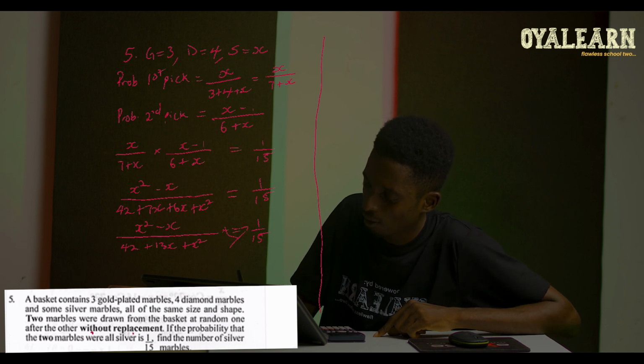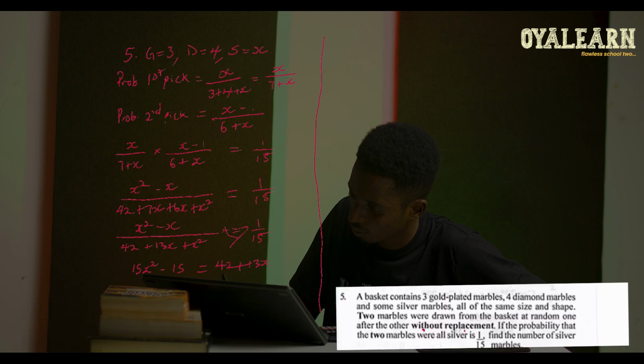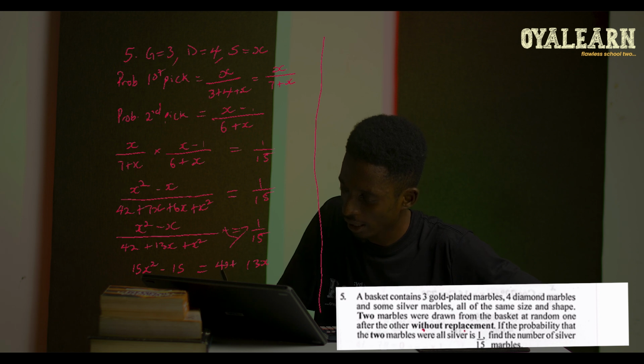So we would have 15x squared minus 15x to equate with 42 plus 13x plus x squared.